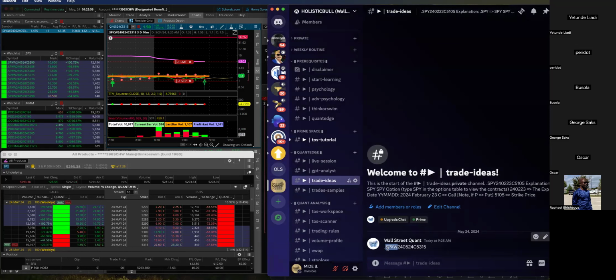This is the asset you are trading. The next 6 numbers are the expiration date. That is May 24, 2024. It's a call, and the strike price is 5315. That's how you read it. So you can read this description here. So let's say you are on a different platform. That's how you pull it up. You look for that, and that's how you find it. So this is how it's shown.